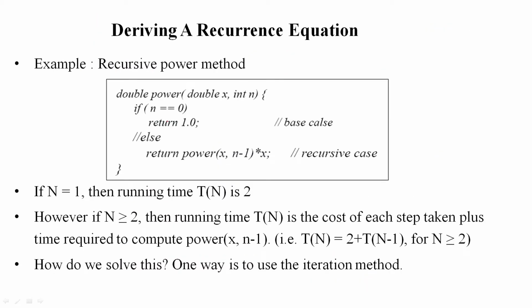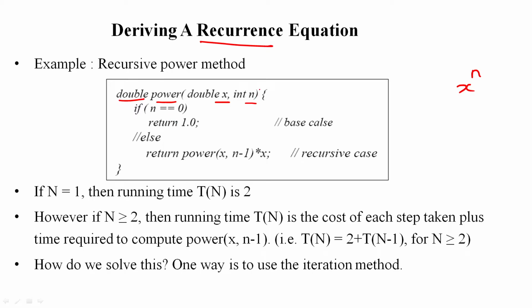Then this example explains the recursion equation, the recurrence relation. Here the function will call itself n times. Look at this. Double is the data type, and the method name is power, with two arguments x and n. x is the base value, n is the exponent value.